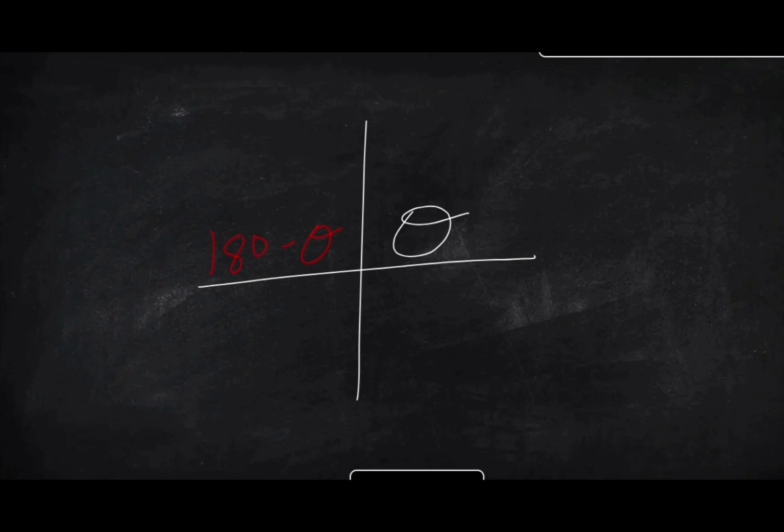When it lies in the third quadrant, 180 plus the angle you get. And when it lies in the fourth quadrant, 360 minus the angle you get. So you should have this in mind anytime you are computing the argument of any complex number.